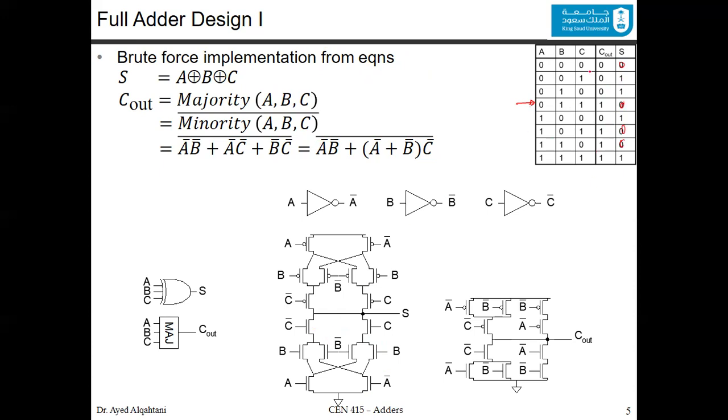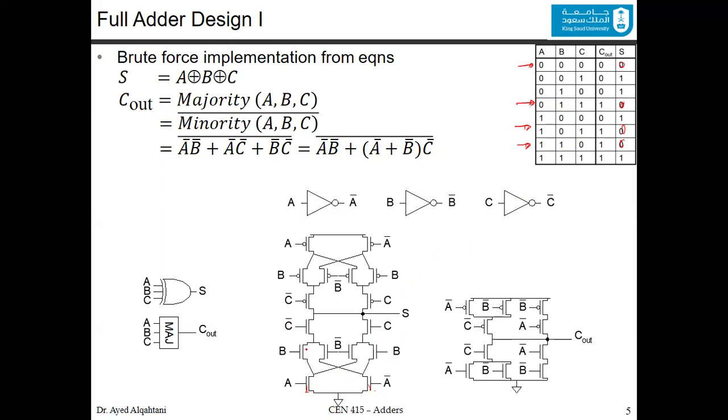Or quickly, since we have the truth table, you can have these min terms and try to design them in the pull down. So the first one is A bar, B bar, C bar. So you have it here, A bar, B bar, C bar. The next one we have A bar, B, C. The next one is A, B bar, C. And the last one is A, B, and C bar.